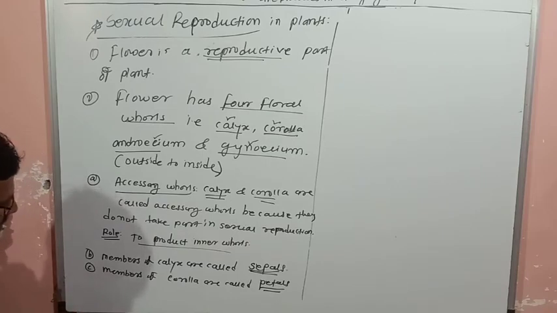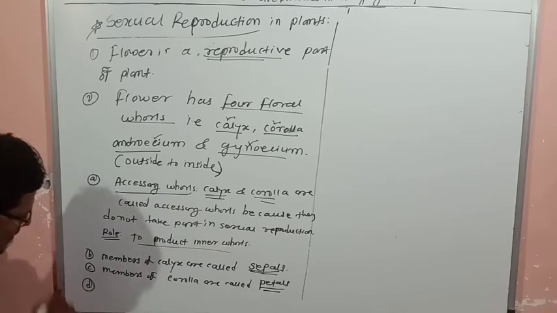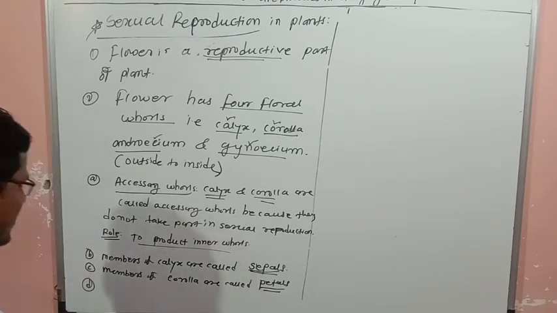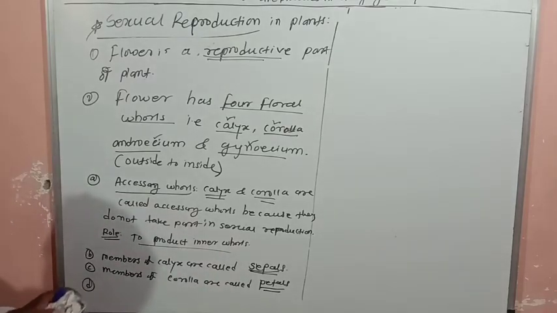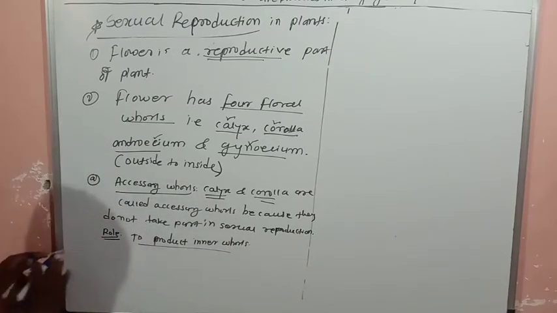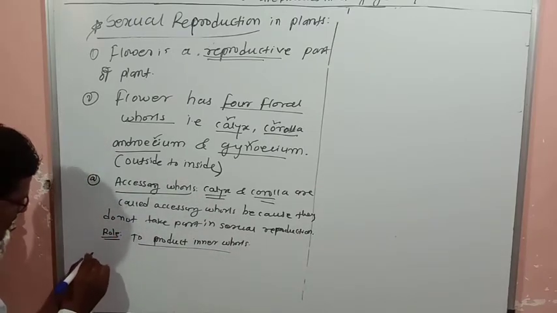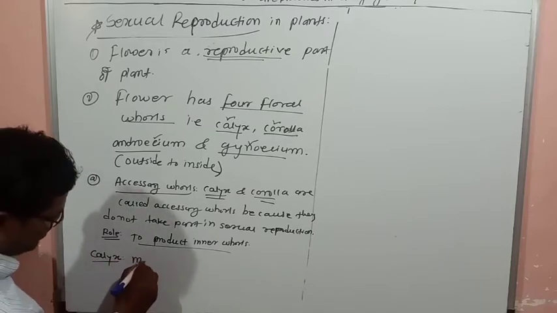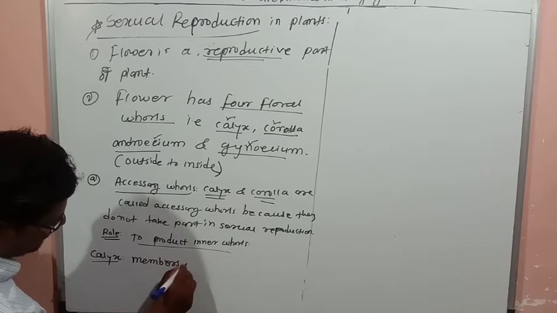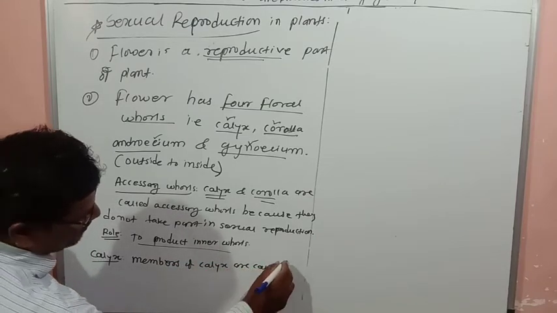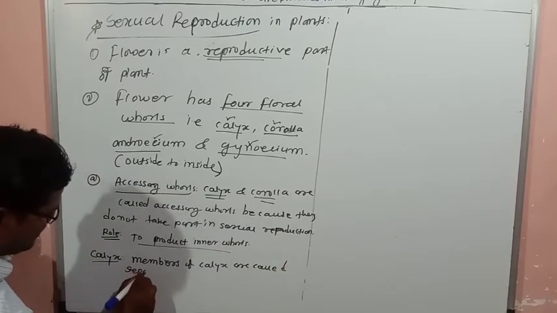One thing we'll take separately: calyx. Members of calyx are called sepals.